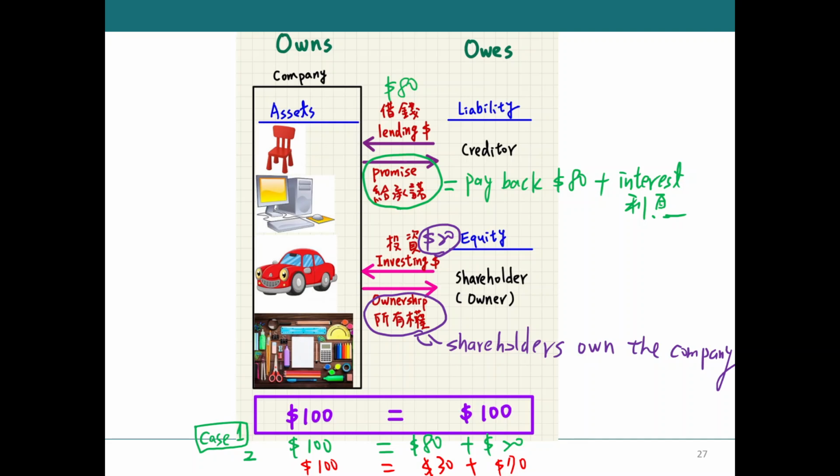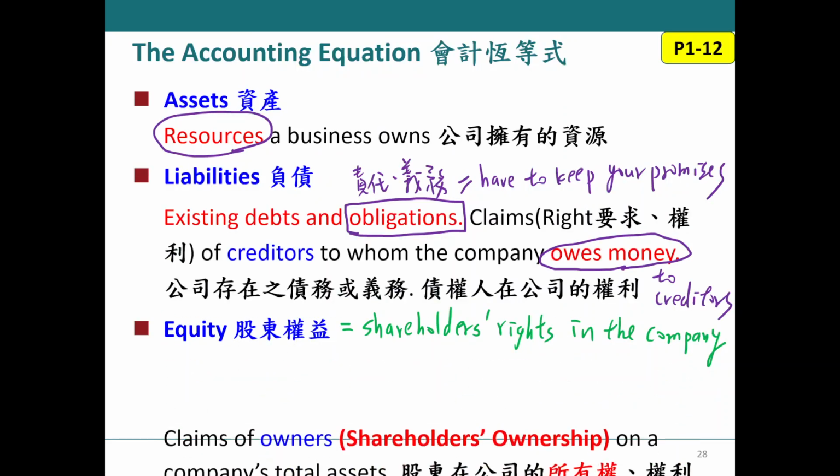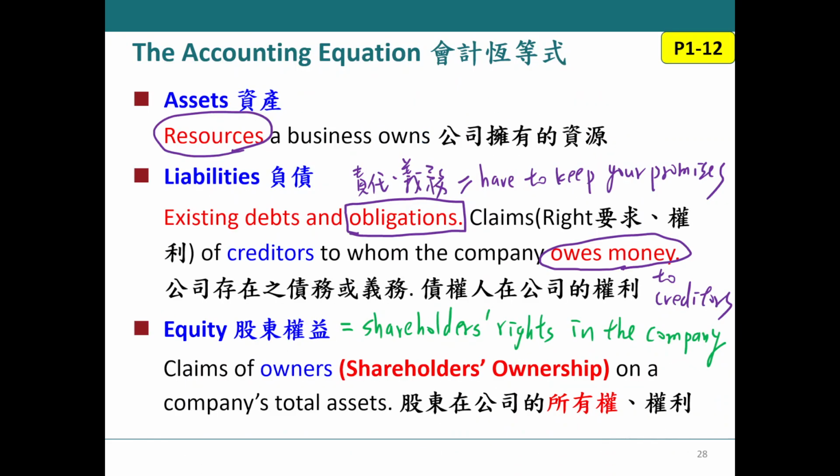You still owe some money to creditors. So equity, we told you how much money belongs to shareholders. Okay? Any questions? No problem? Okay.